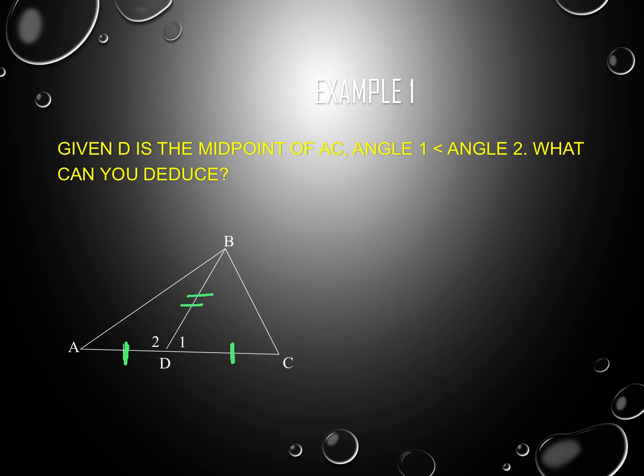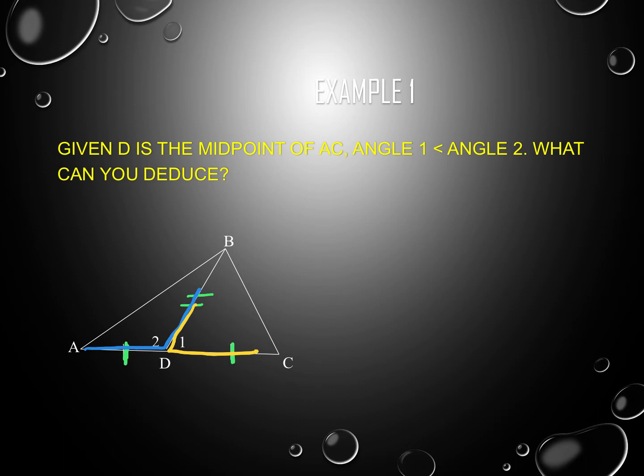So the two angles that they're asking me to compare, let me go ahead and outline them. Here's angle 2, and then it's comparing it to angle 1. And they're telling me up here in the description that angle 1 is the smaller angle.